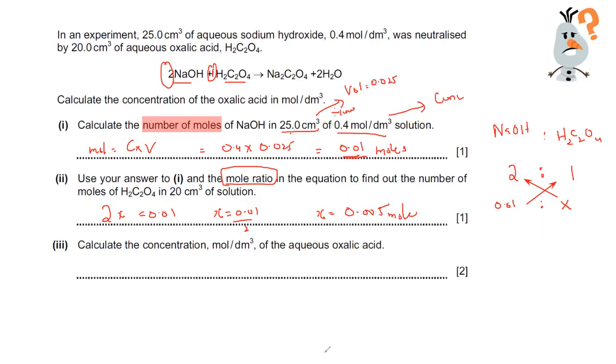As the question mentions, you have to use a mole ratio of the oxalic acid with the other substance to get the moles. Sodium hydroxide is there with us, and we've got the moles for oxalic acid. Anyone having a question or a doubt in the second part?